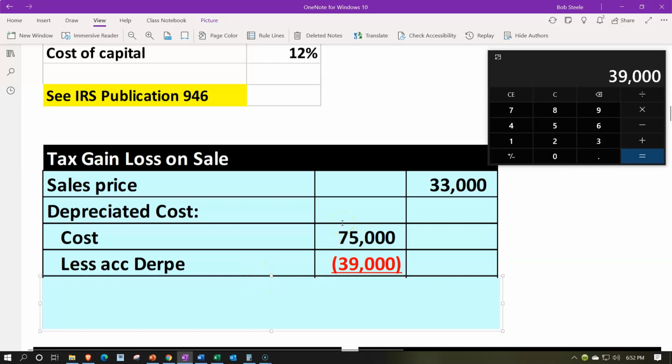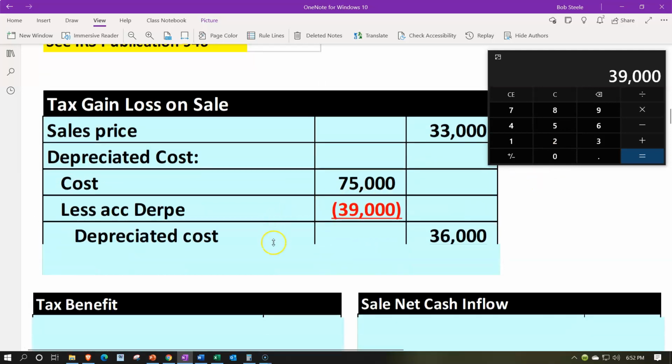Cost was the $75,000. We have depreciated the $39,000 already in the first 2 years and have gotten a tax benefit from them already. So the amount of the $75,000 which we paid for, we're assuming we paid for it at the beginning, that we have not yet got in terms of a deduction is $36,000 for taxes.